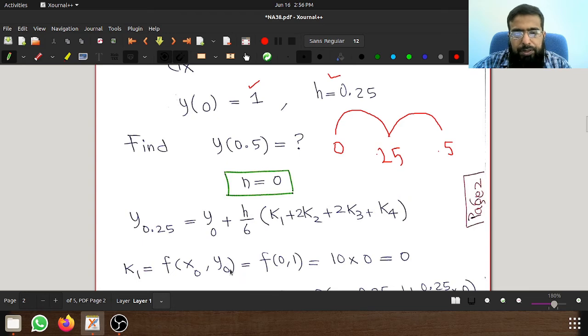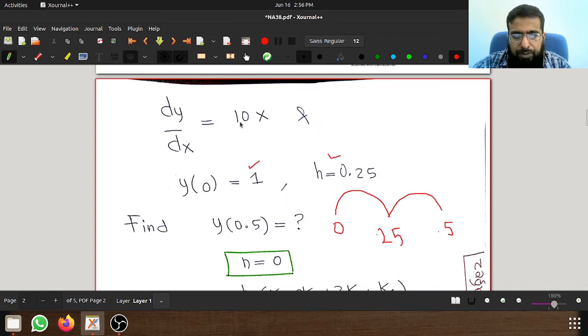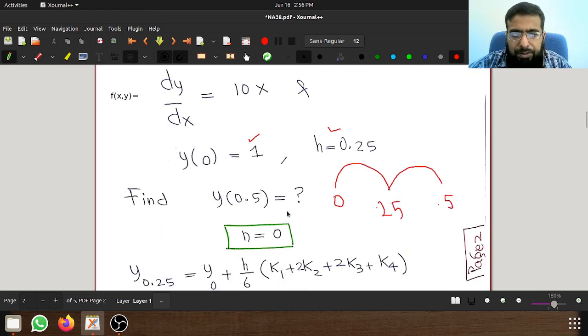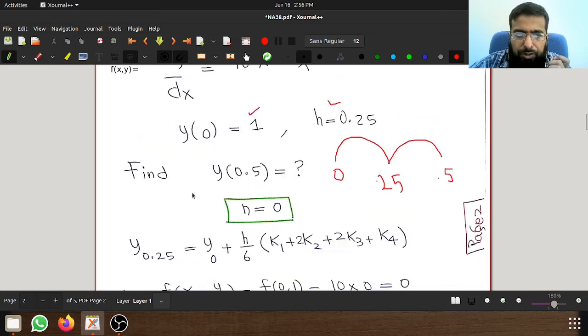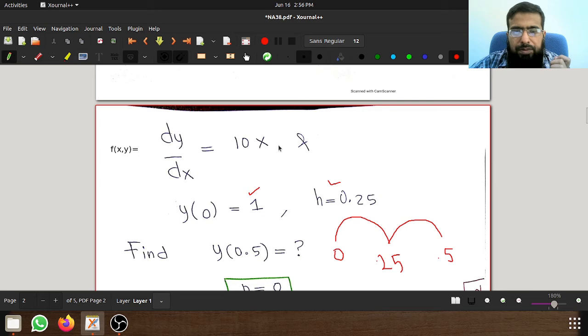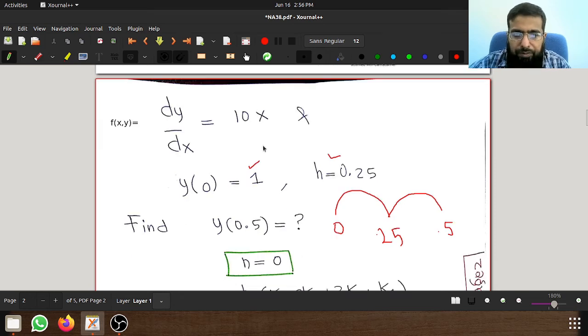So f of x0, y0 is f of 0, 1, and f of x, y is dy by dx, which is 10x. So if we compute f of 0, 1, this means we'll replace x with 0 and y with 1.